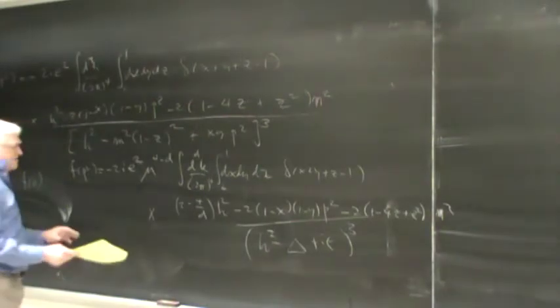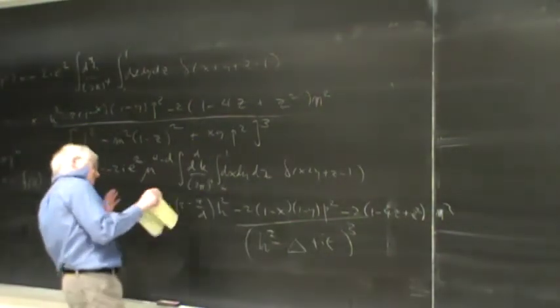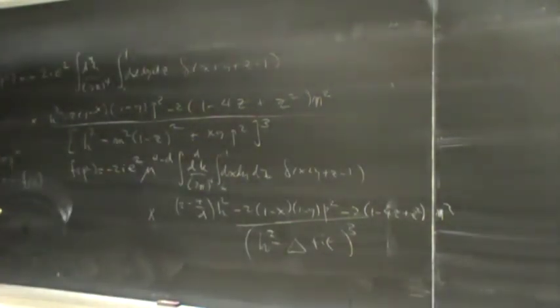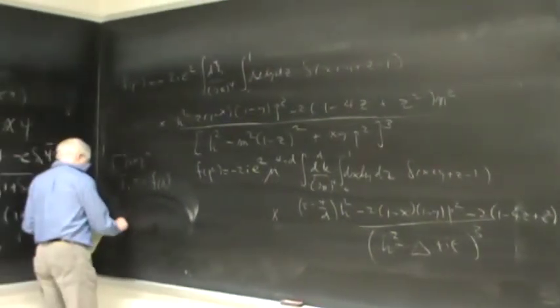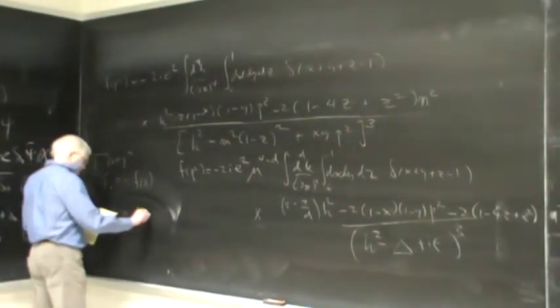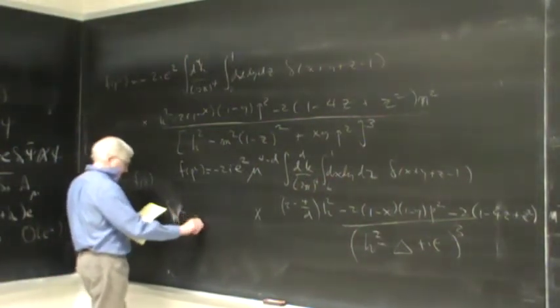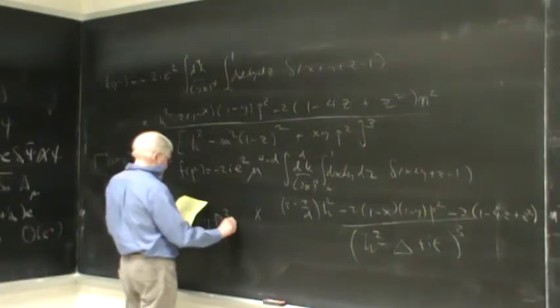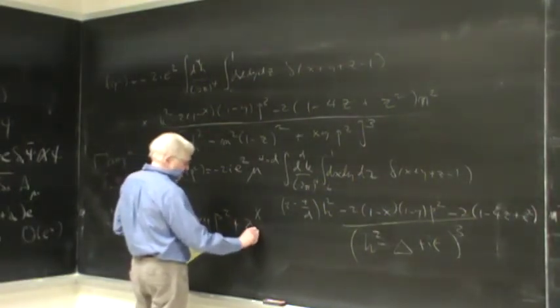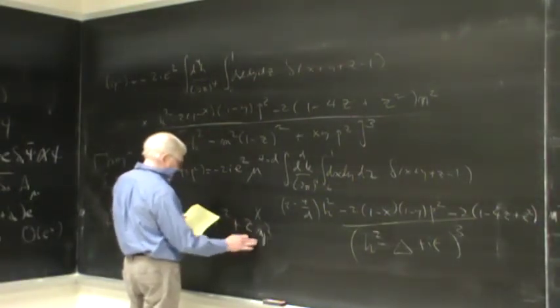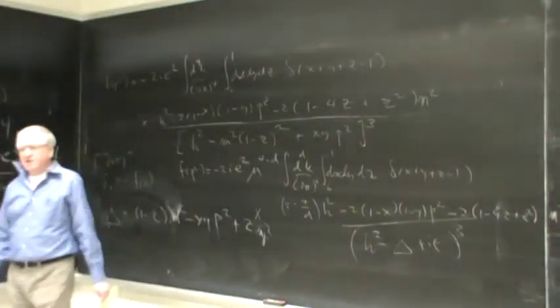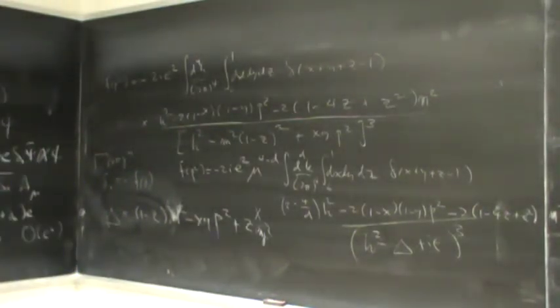And of course, the i epsilon we get rid of when we do the Wick rotation of the k0 integral. Delta here is (1 minus z) squared m squared minus xy p squared plus z times m gamma squared. And again, this m gamma squared is the cheap way of treating soft photons.